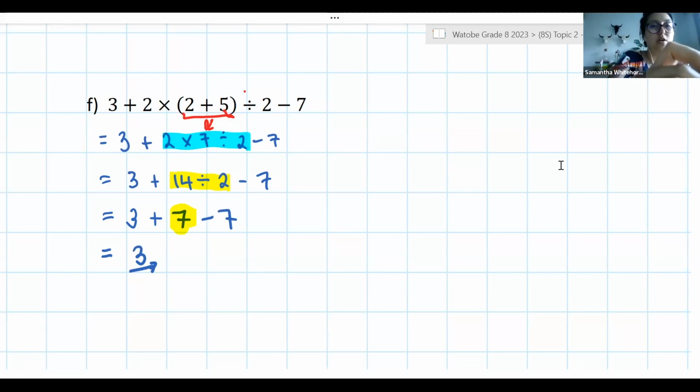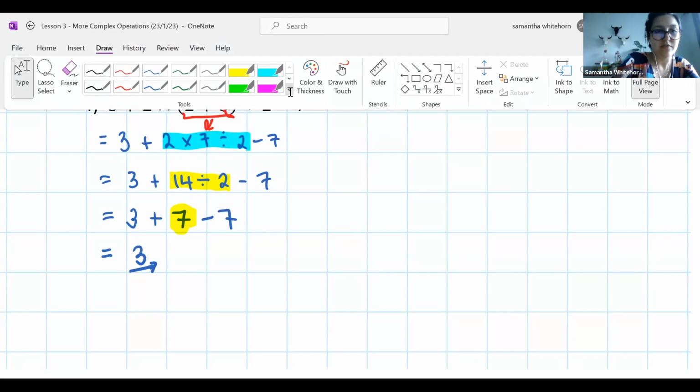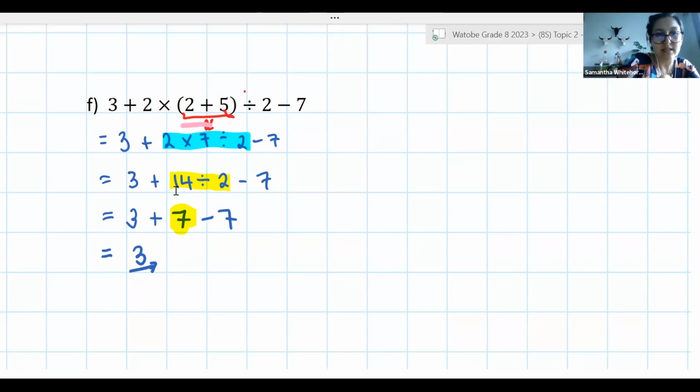So where we got 14 from is we said the 7 times 2, and the 7 we got from the brackets. So once I said 7 times 2, I ended up with 14. And from there, I then did the division of 2. Does that make a bit more sense? Yes, ma'am. Excellent. Well done.